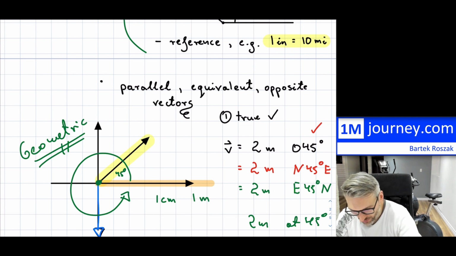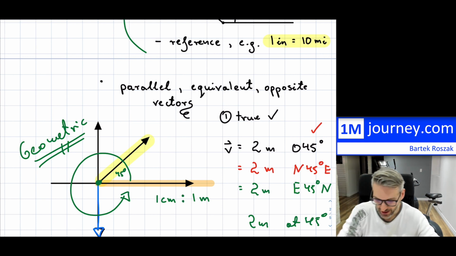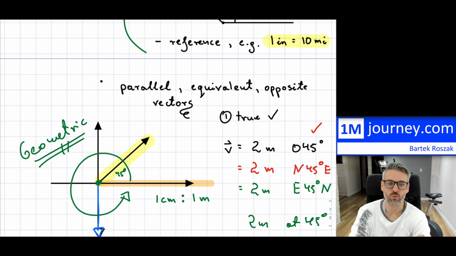We put the double dots, kind of like a ratio, that 1 centimeter represents 1 meter, and that way we scale it proportionally. So if someone measures every 1 centimeter, they would see that it is an actual 1 meter in real life.